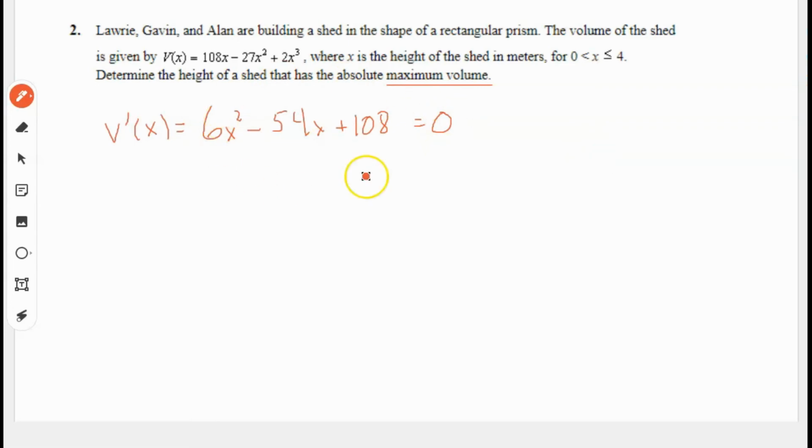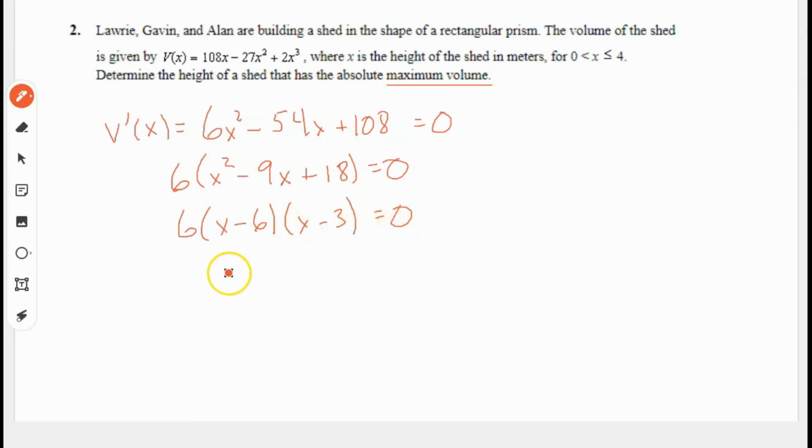This was actually nice, we can factor this nicely. So we'll start by pulling out a 6, and we get x squared minus 9x plus 18, which equals 0. And that factors out nicely as well. We'll get x minus 6 and x minus 3.